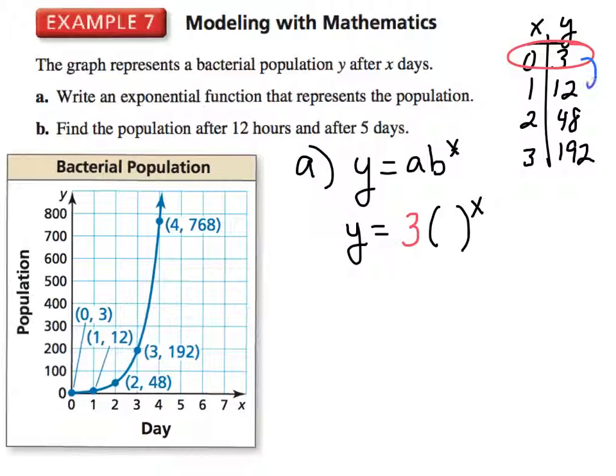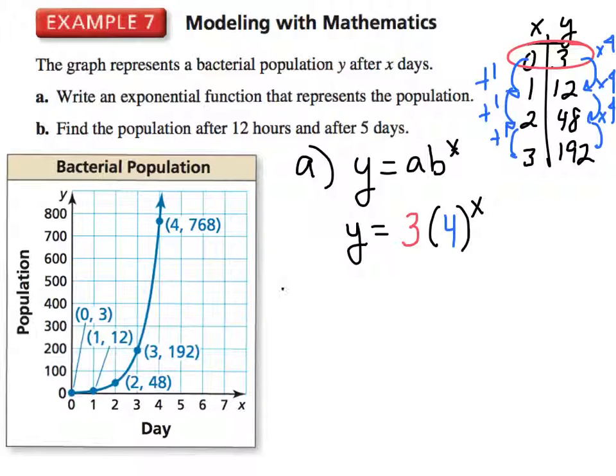B is what we're doing each time. So as x increases by 1, 3 to 12 to 48, you're just multiplying by 4. So that would be y equals 3 times 4 to the x power.